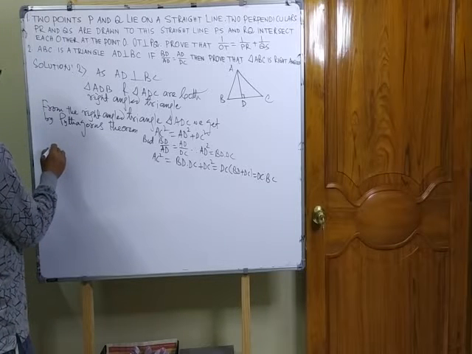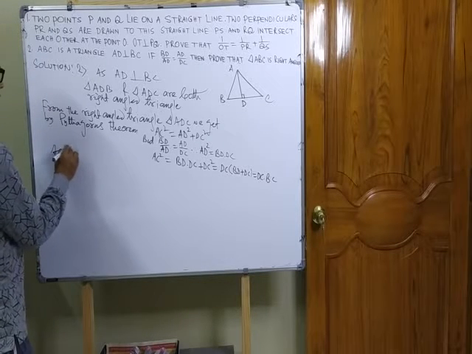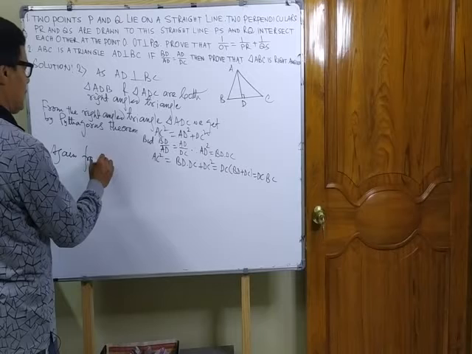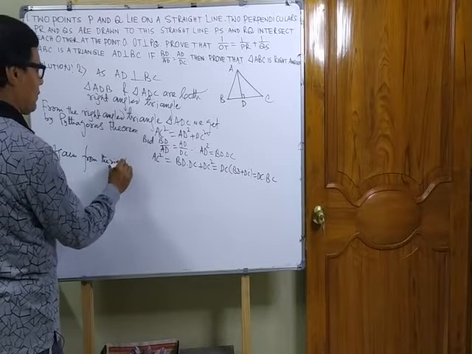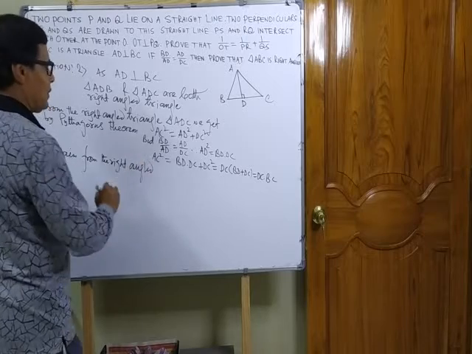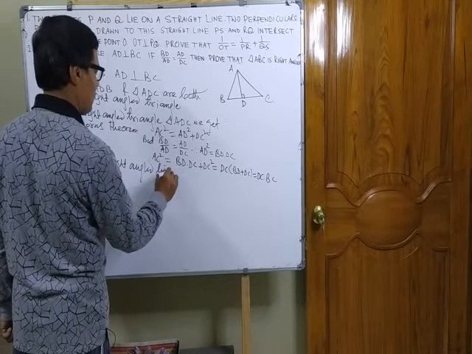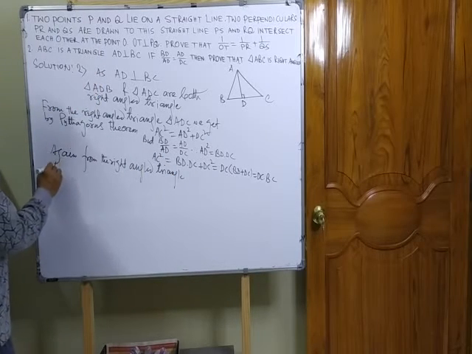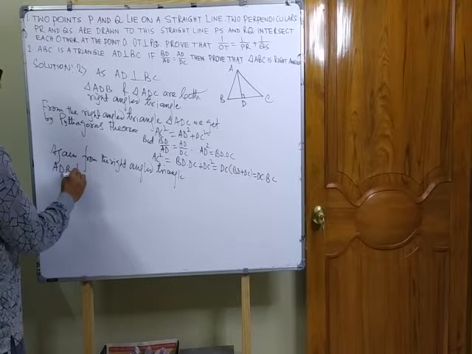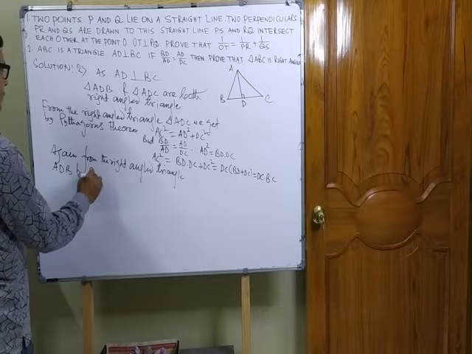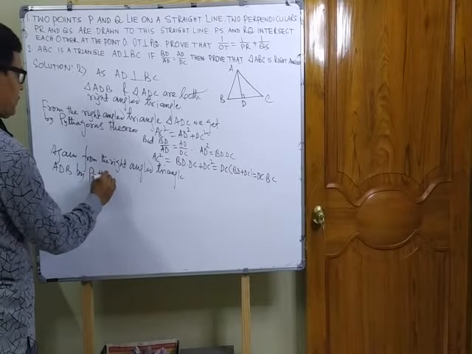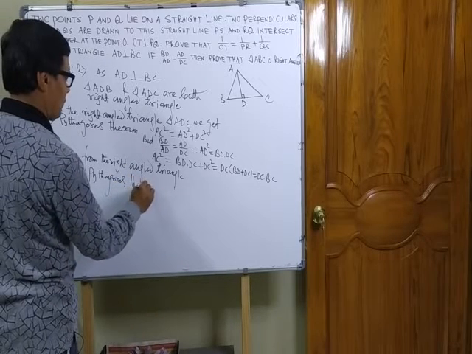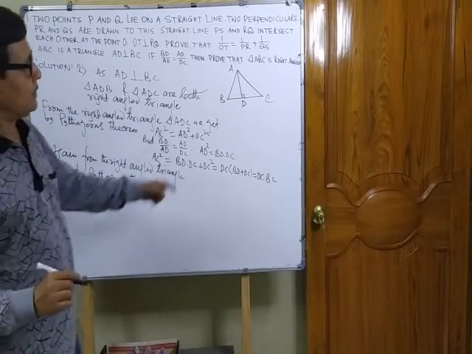Again, from the right angle triangle ADB, by Pythagoras theorem, this is a right angle triangle.